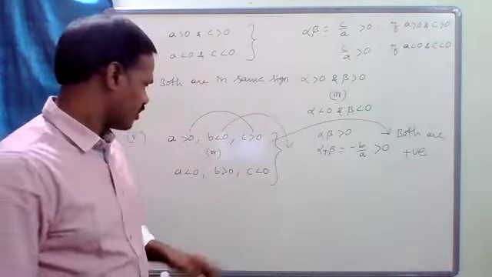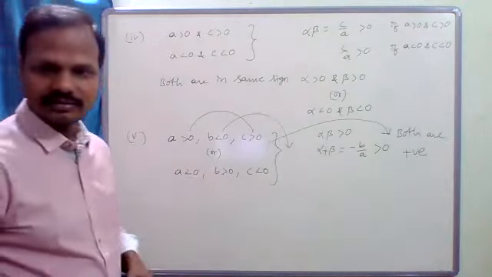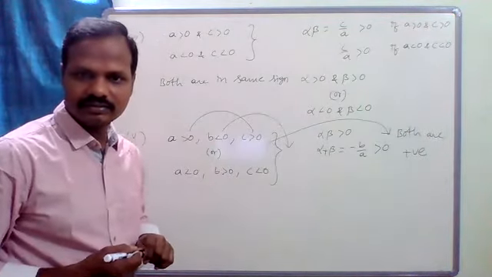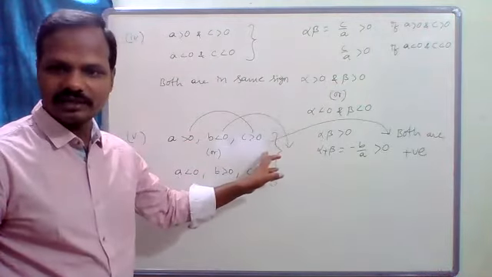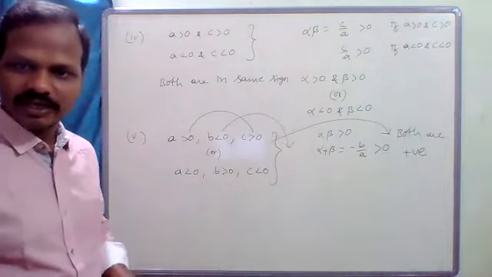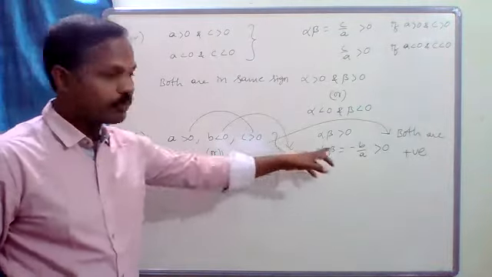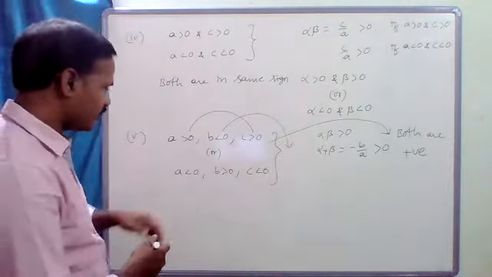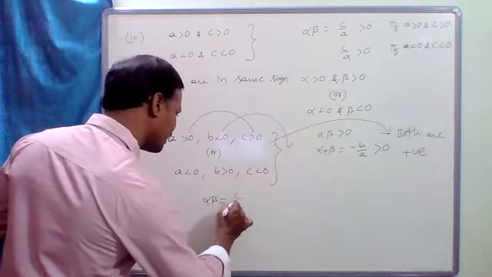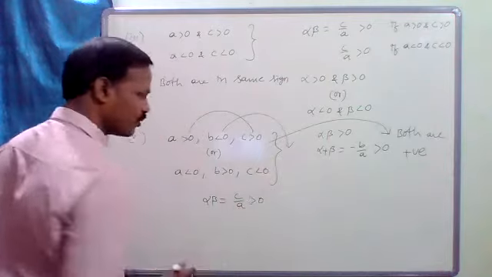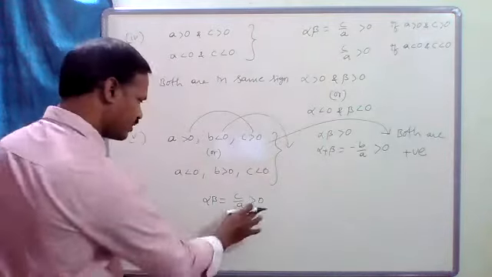Now coming to the other case. Alpha into beta equal to C by A, which is greater than 0, so both are positive or both are negative.